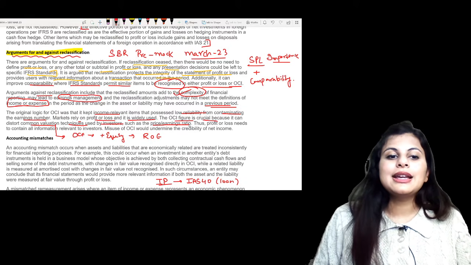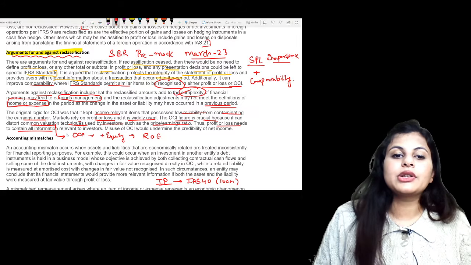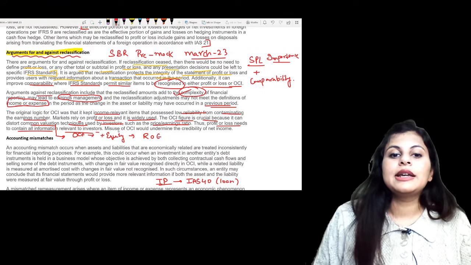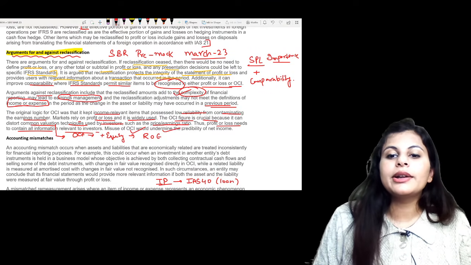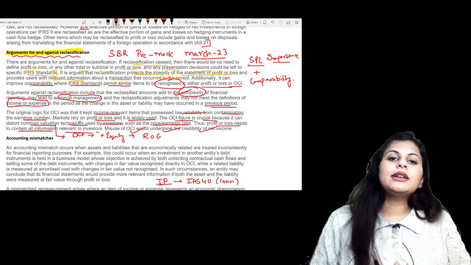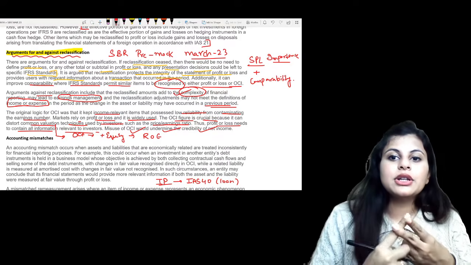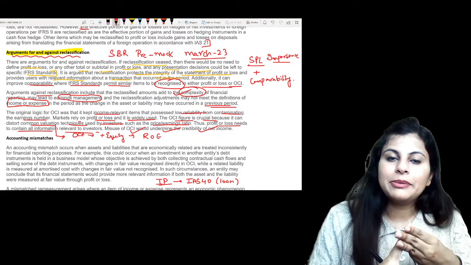So they are saying that thus profit or loss needs to contain all information relevant to investors. Misuse of OCI would undermine the credibility of net income. So they started the disadvantages by saying complex, then manipulation, it doesn't meet the definition of income and expense.